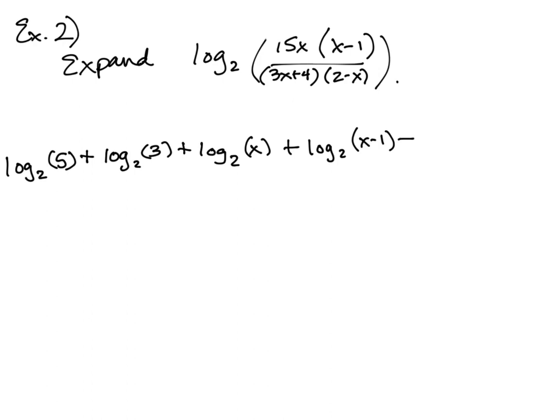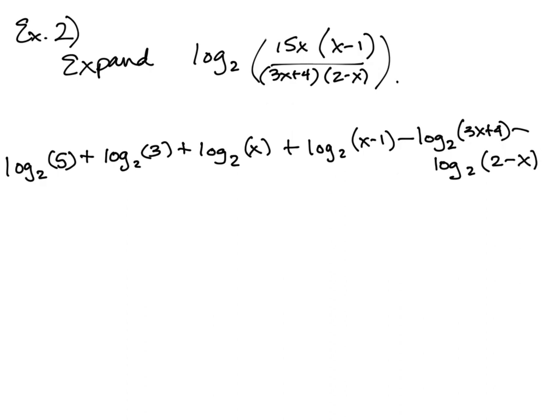So we're going to say minus log base 2 of 3x plus 4. Again, not a product, so we can just stick that argument. And what's happening with the last argument? Is it being multiplied or divided? Both. But from the top, it's being divided. So since it's on the bottom, we subtract it. Minus log base 2 of 2 minus x.